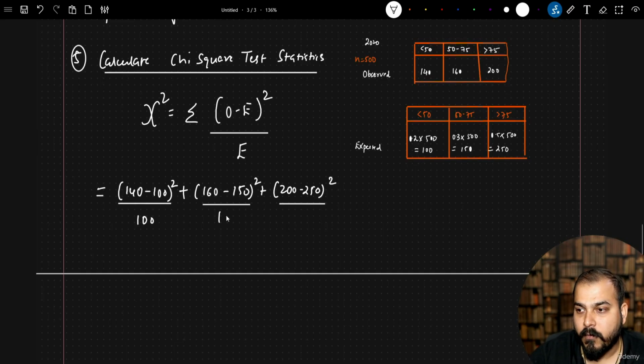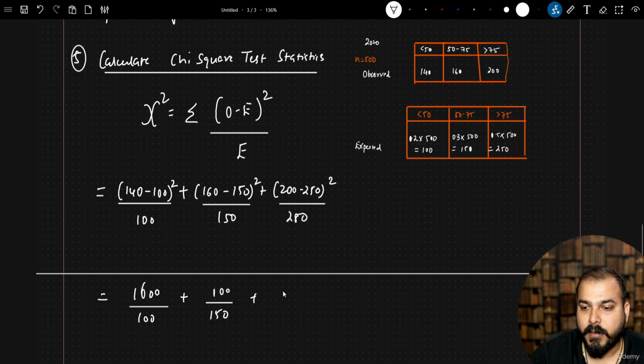So this will be 100, this will be 150, and this will be 250, right? Further we go ahead. So this will be 1600 divided by 100, plus 100 divided by 150, plus 2500 divided by 250.